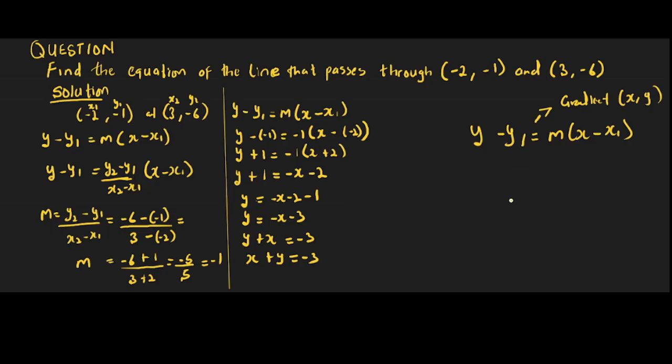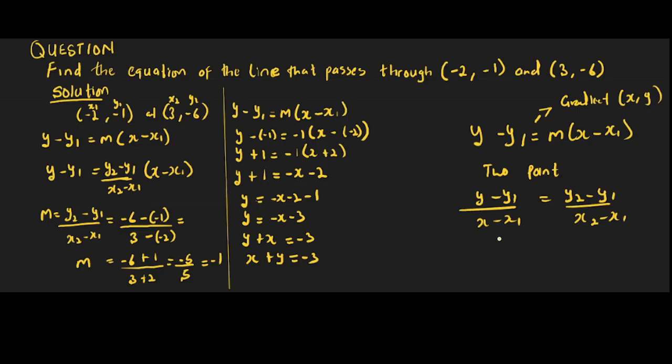We can also make use of this formula when we have 2 points. When we have 2 points, we have y minus y1 over x minus x1 equals y2 minus y1 all over x2 minus x1.